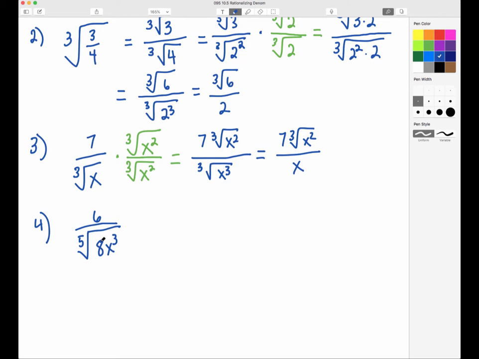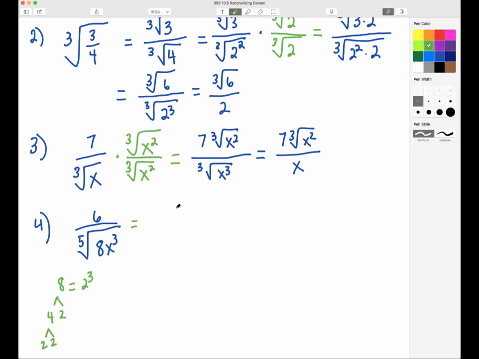So that means that I need to get something raised to the 5th power and then x raised to the 5th power so that this radical goes away. So let's do a little bit of math over here off to the side. So 8 is 4 times 2. 4 is 2 times 2. So we know that 8 is 2 cubed.